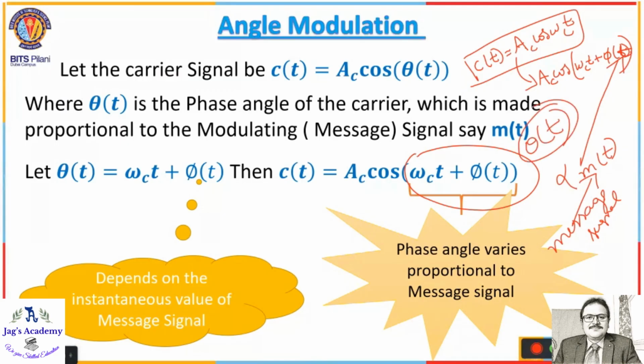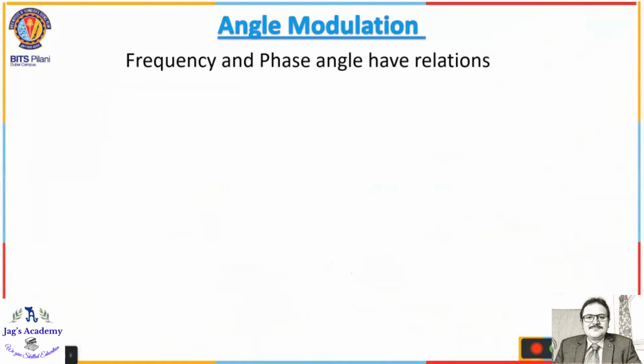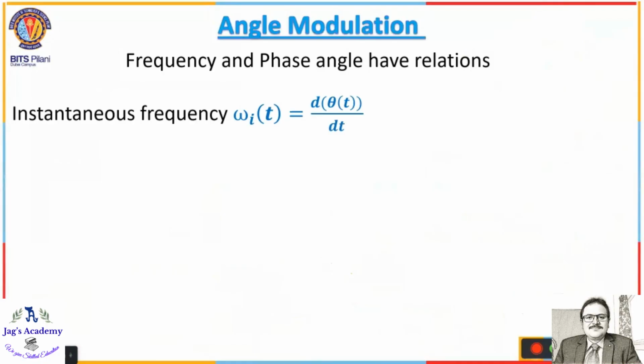This is the instantaneous phase angle. How do you convert it into instantaneous frequency? Rate of change of phase angle will give you the frequency. Try to remember this concept, which is very important. So instantaneous frequency is equal to d theta of t by dt.